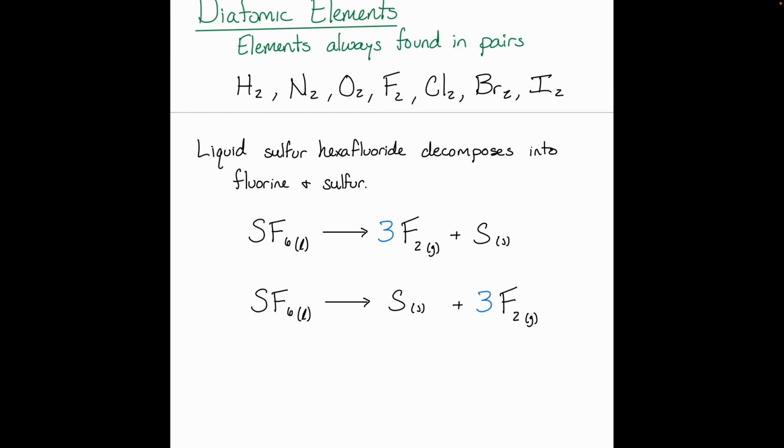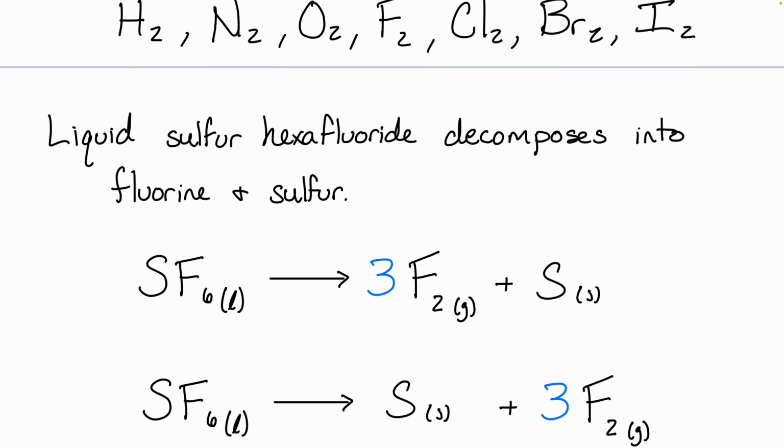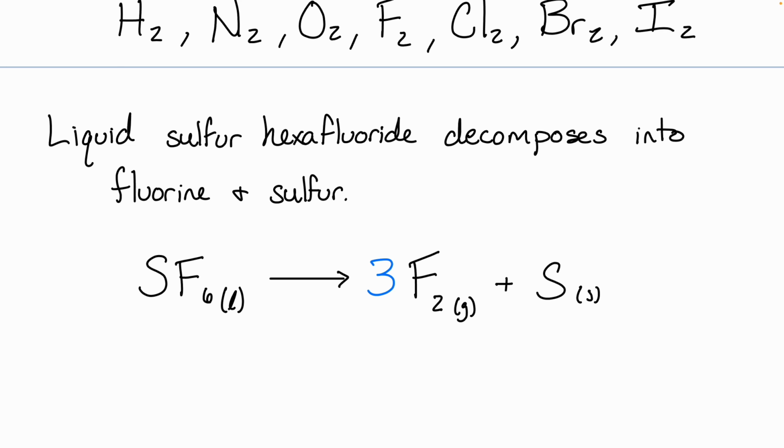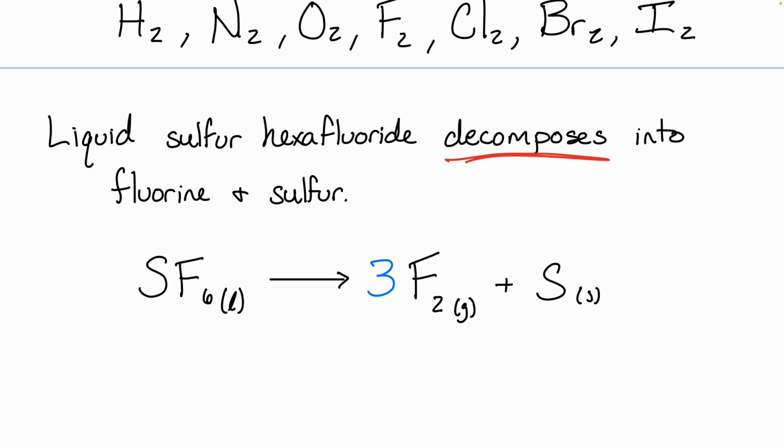All right, so this last one that we did, which category would this fall into? Our sulfur hexafluoride example. Yeah, so we start out with just one reactant, and it breaks apart, it decomposes, we got a little keyword here, into these multiple products here. So absolutely, this is a D. Let's just put that as an example.